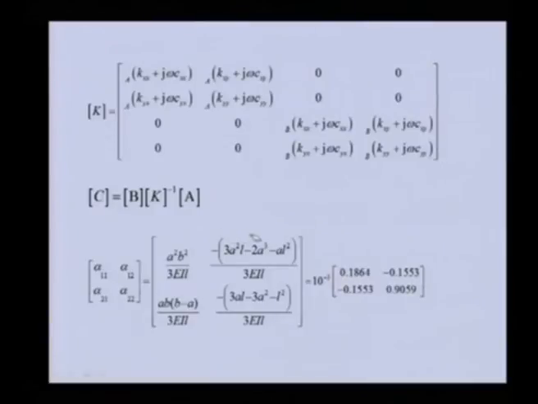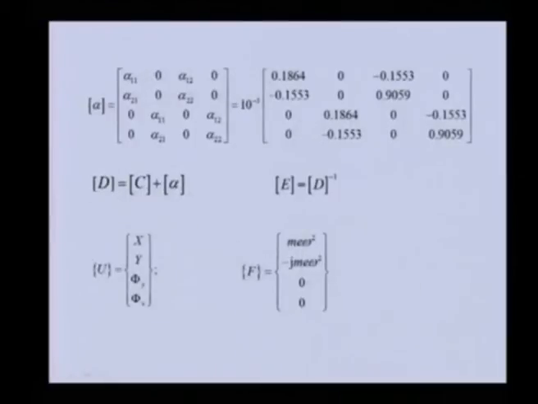For given values of these parameters it can be written like this. Now, the D matrix is C plus alpha. We already obtained the numerical values of these matrices to get the subsequent matrices, the D matrix, and the E matrix, which is the inverse of this, so they can be calculated.